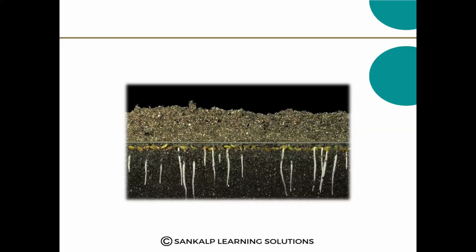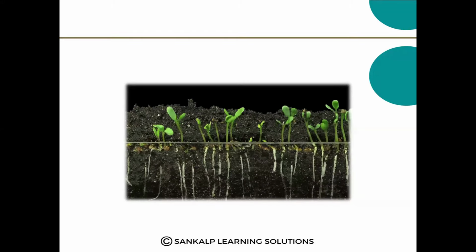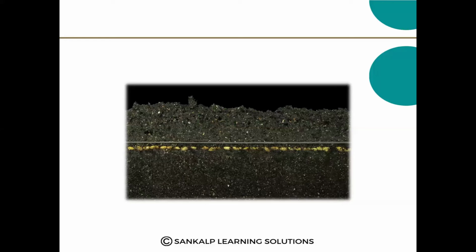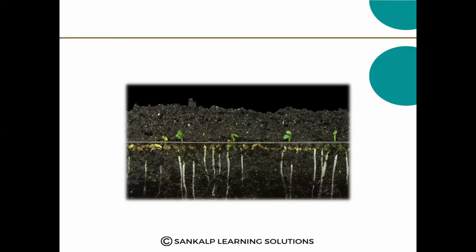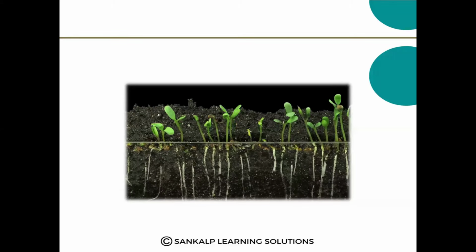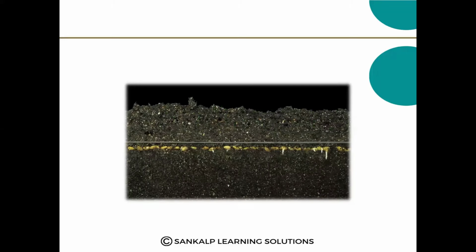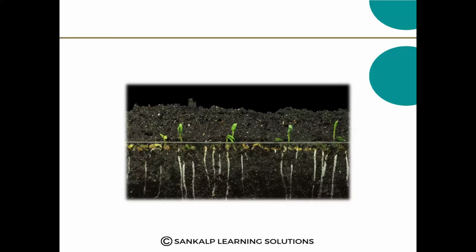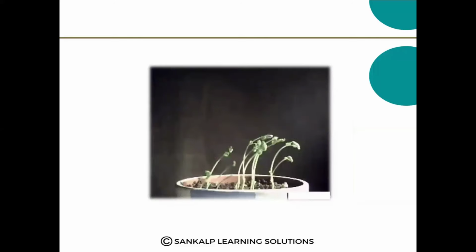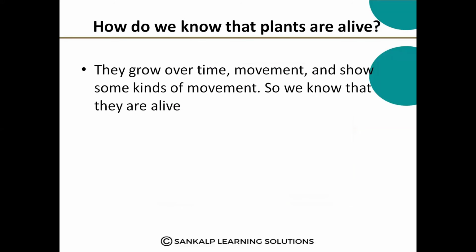So observing all these characters, plants also show movement, plants also do respiration, which is not visible, and they also show growth. So by observing all these things, we can say plants are alive, right?